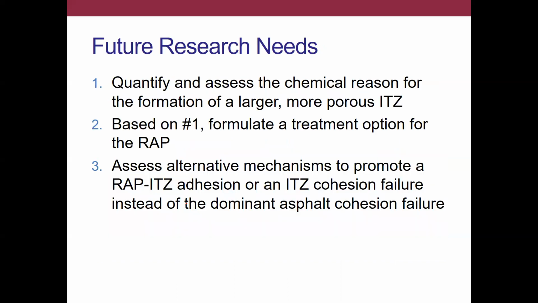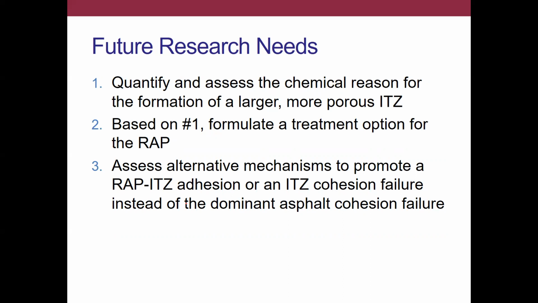So there are a few things we'd still like to figure out that we hope to keep working on, right? As I showed on the previous slide, it is figuring out why we see this larger, more porous ITZ. Once we know that, can we figure out a treatment option so that we don't get a larger, more porous ITZ, right?